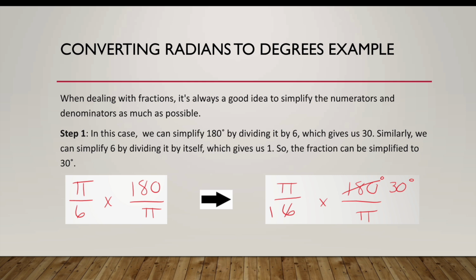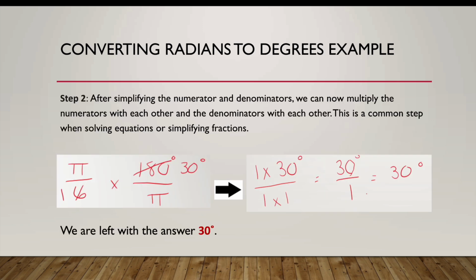Again, when we deal with fractions, we want to simplify numerators and denominators as much as we can. We can simplify 180 by dividing it by 6, which will give us 30 on the top. And we simplify 6 by dividing it by itself, which gives us 1. So our fraction can be simplified to just 30 degrees.